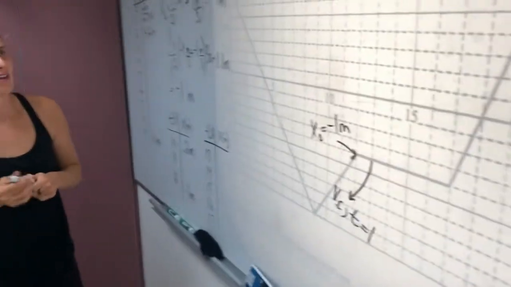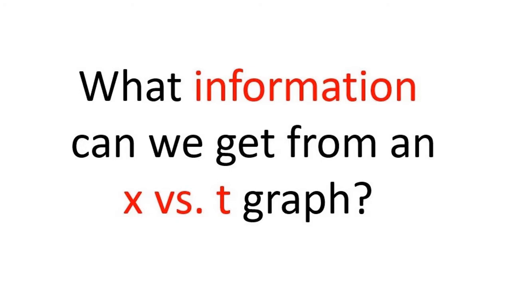So we went over a lot of stuff today. Just a real quick recap. Let's talk about what information we can get from a position versus time graph. Well, we can get where something is as time goes by, and we can also get the slope. And the slope of a position versus time graph is the velocity.